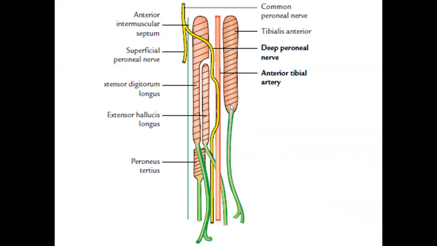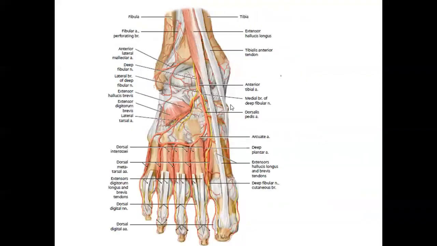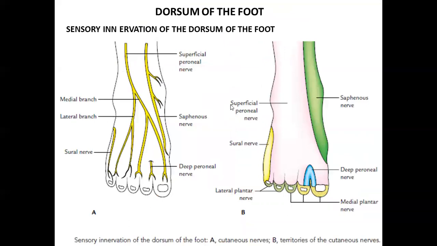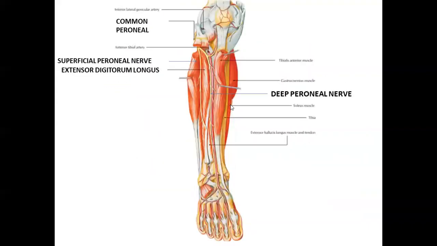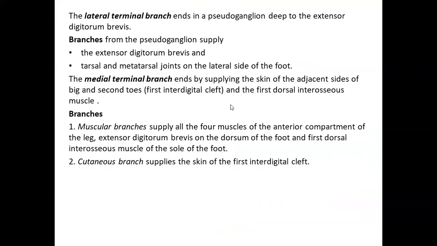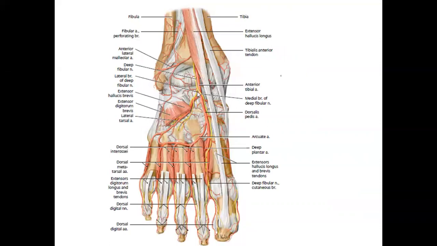Then this nerve, when you see here, goes and divides into a medial and a lateral terminal branch. So this is the artery.